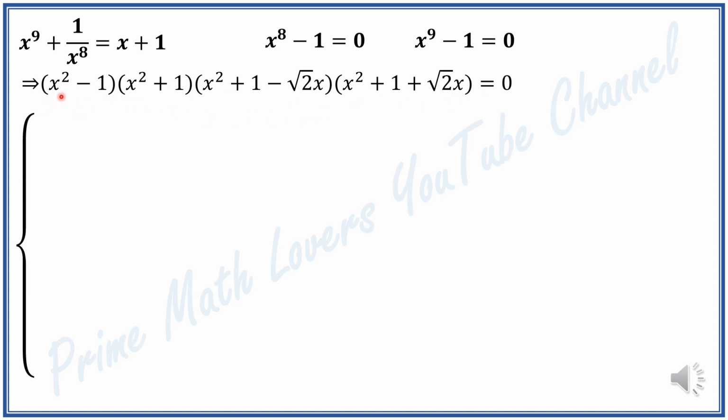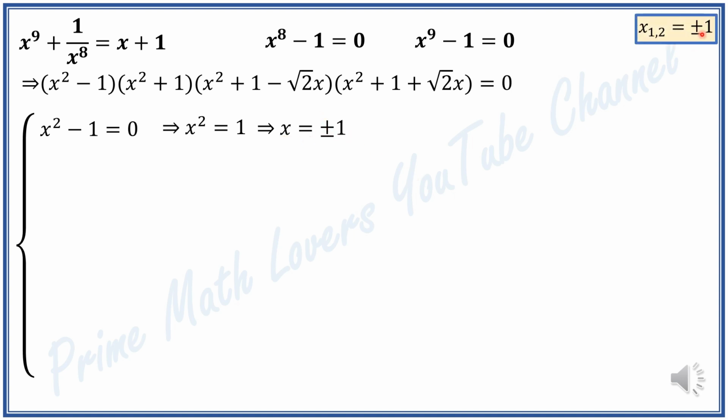So x squared minus 1 equal to 0 means x squared is equal to 1. And if I take the square root of both sides, I'll get x is equal to plus or minus 1. Plus or minus 1 are the first two roots of our equation. x1 and x2 are plus or minus 1.